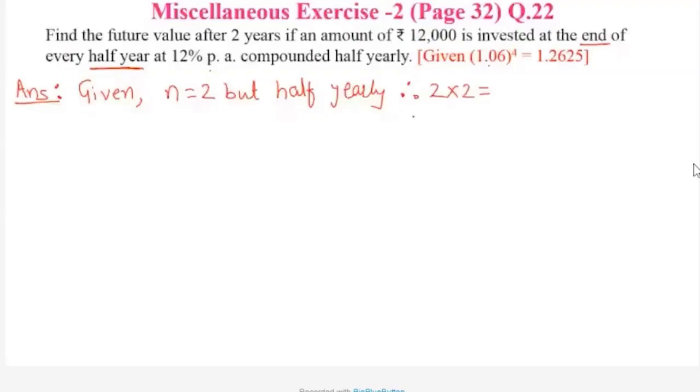I'll take r later. n is given first, so I took n first, is equal to 4. Then C is equal to 12,000, agreed? C is 12,000, and r is equal to 12% per annum, but half yearly.